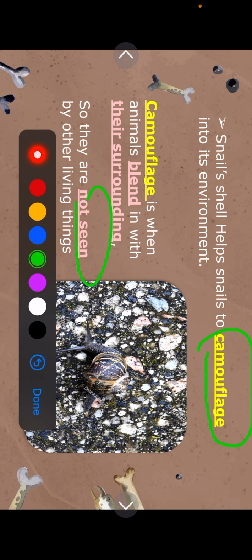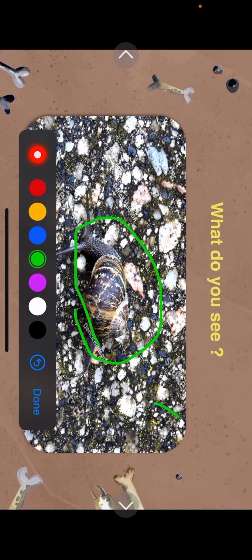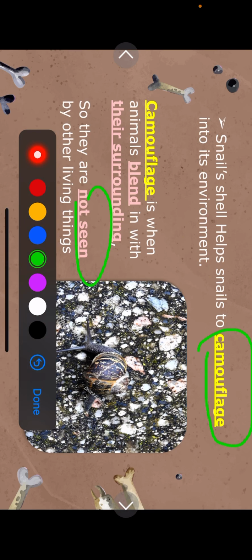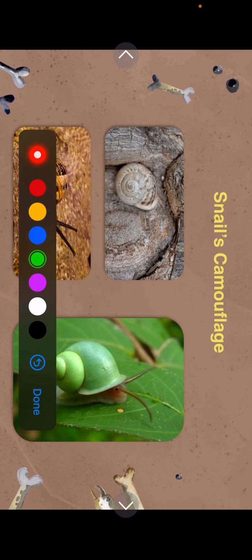This function helps to protect the animals. So two functions again of the snail shell. Number one, protect the snail from sun and water loss. Number two, the snail's shell helps snails to camouflage into their environment.